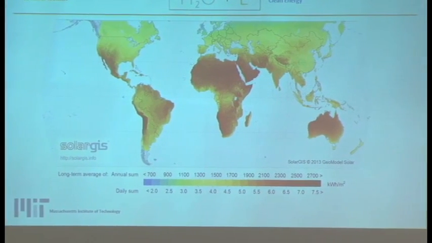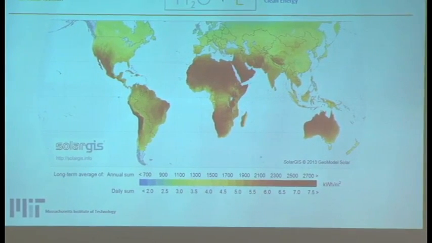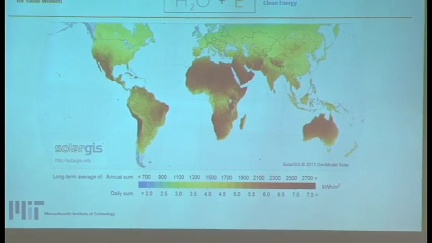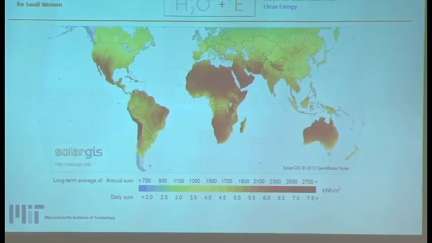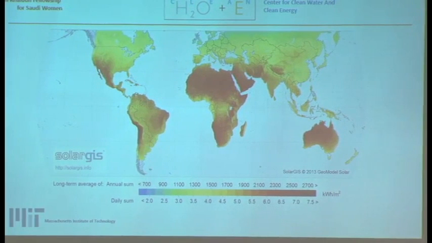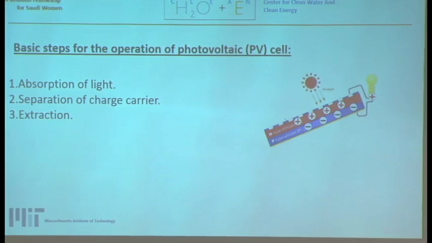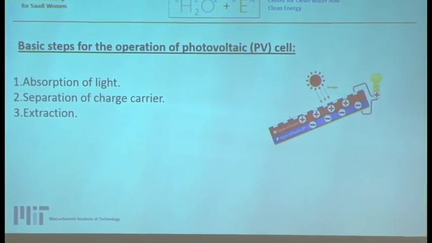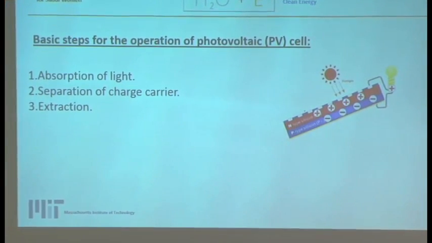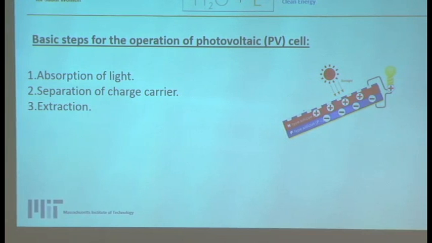Solar energy is considered one of the most abundant clean energies, and it shows great promise in countries or areas with enough sunlight, such as Saudi Arabia and the Gulf area. A solar cell, or photovoltaic cell, is a device that converts energy from sunlight into electricity.